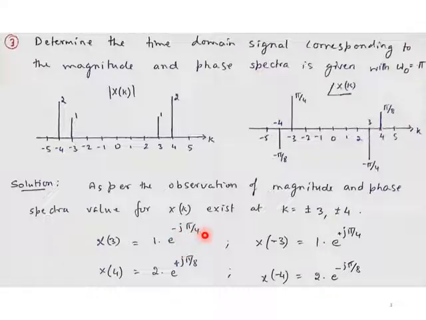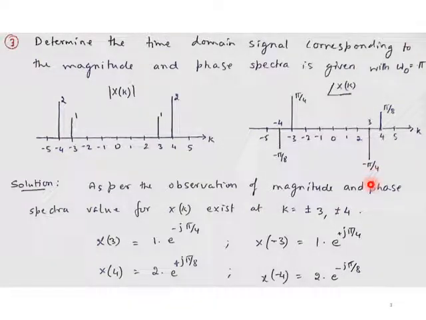As we considered in the earlier case, theta is equal to tan inverse of the imaginary value divided by the real value. Here theta is minus pi by 4. Taking tan inverse to the other side, tan of theta is tan of minus pi by 4.